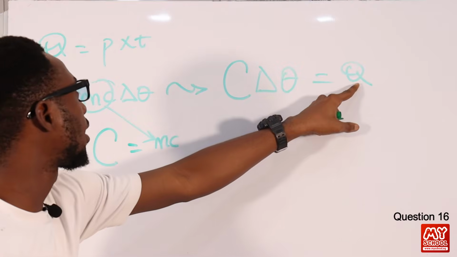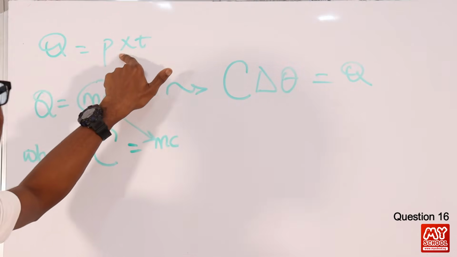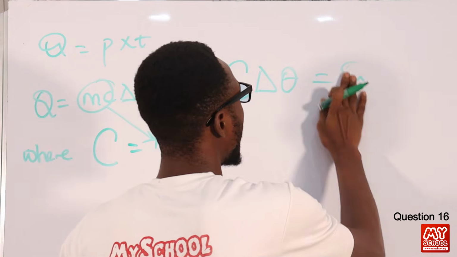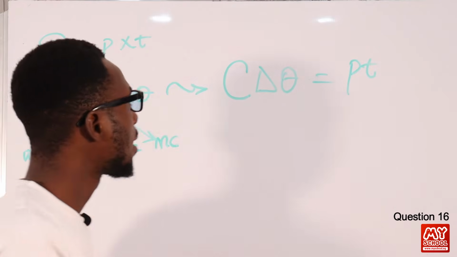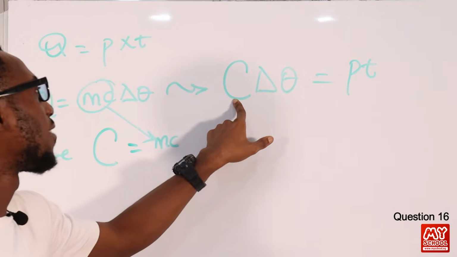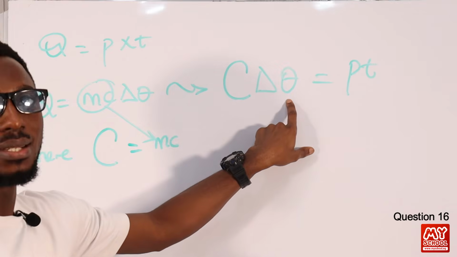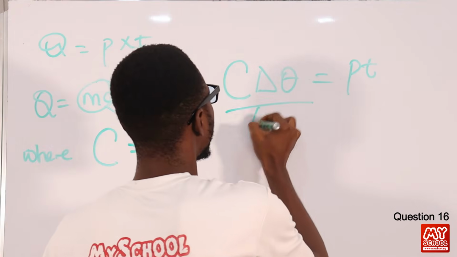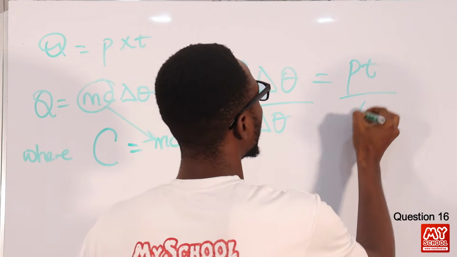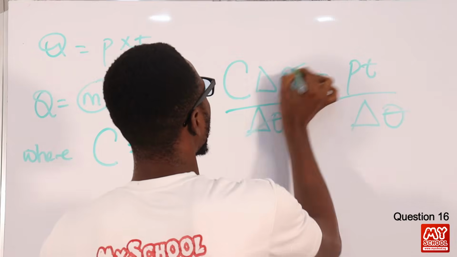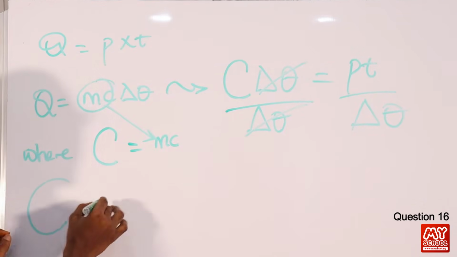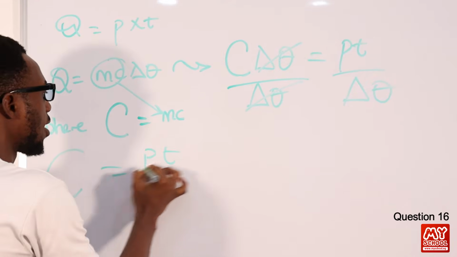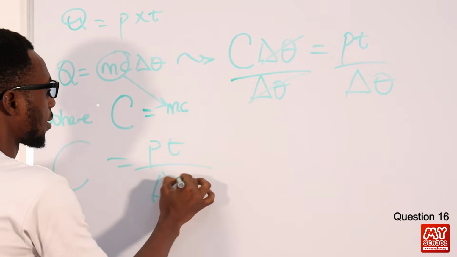And we know that Q is also equals to PT. So we have to find its capacity. So what do I do? I divide both sides by change in temperature, that is delta theta. So I have my big C, its capacity, equals PT over this.